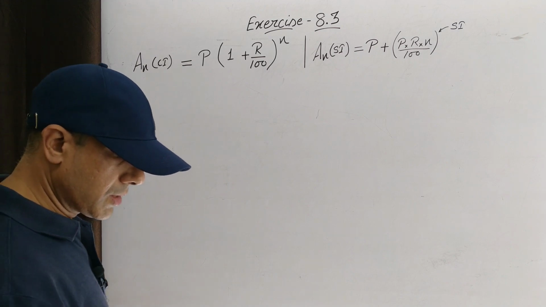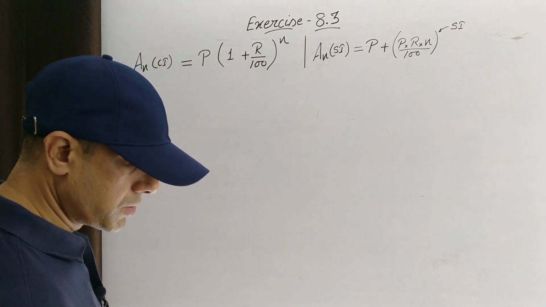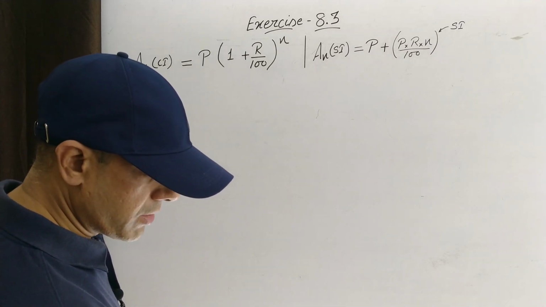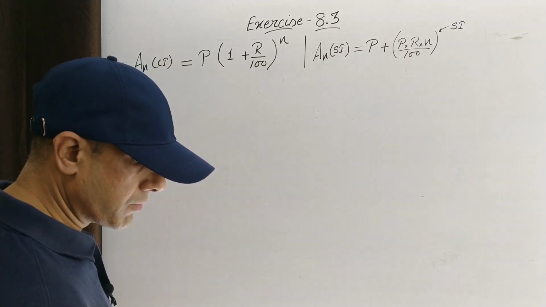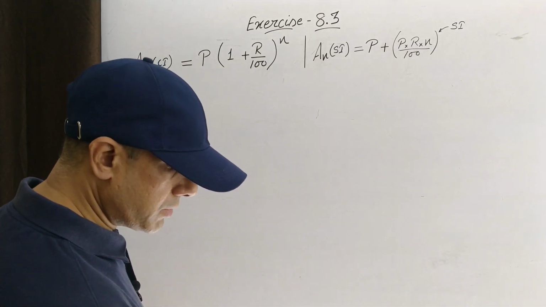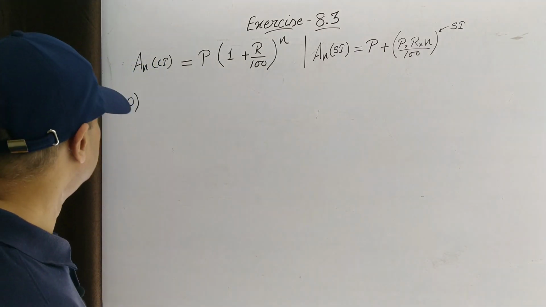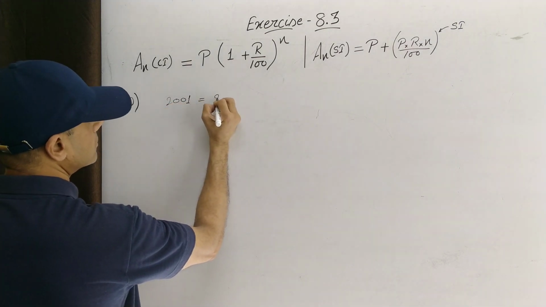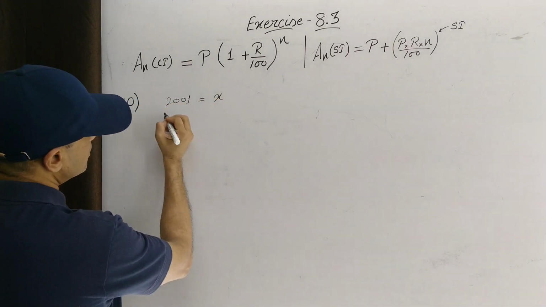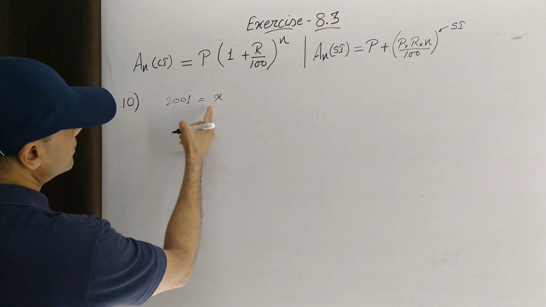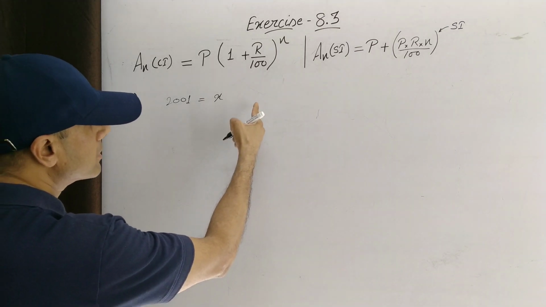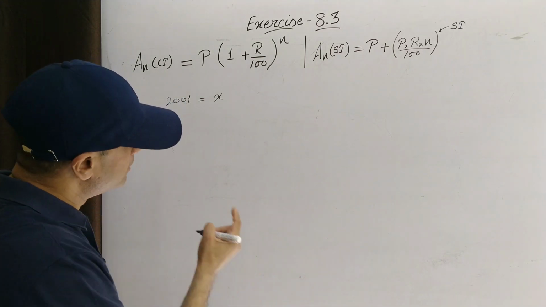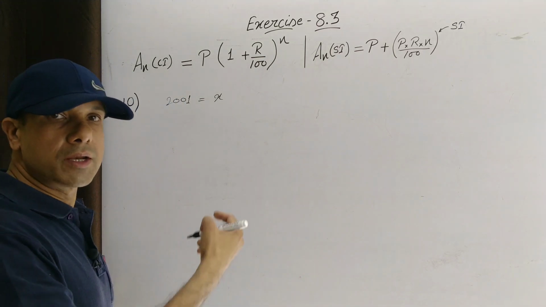Question number 10. The population of a place increased to 54,000 in 2003 at the rate of 5% per annum. We have to find the population in 2001. So let the population in 2001 be x. So at the end of 2001 there will be some population and increase will be on that population at the rate of 5%. So this increase of 5% is in compound form.